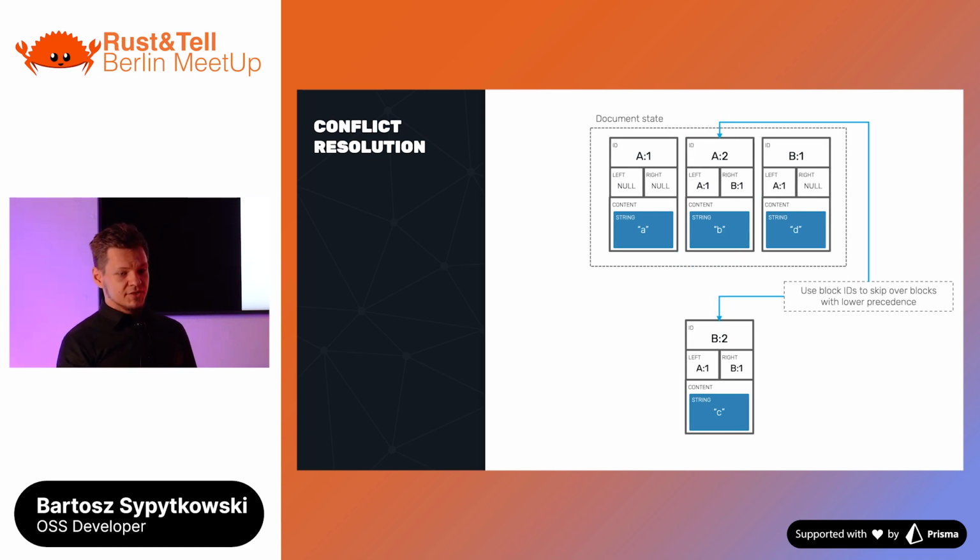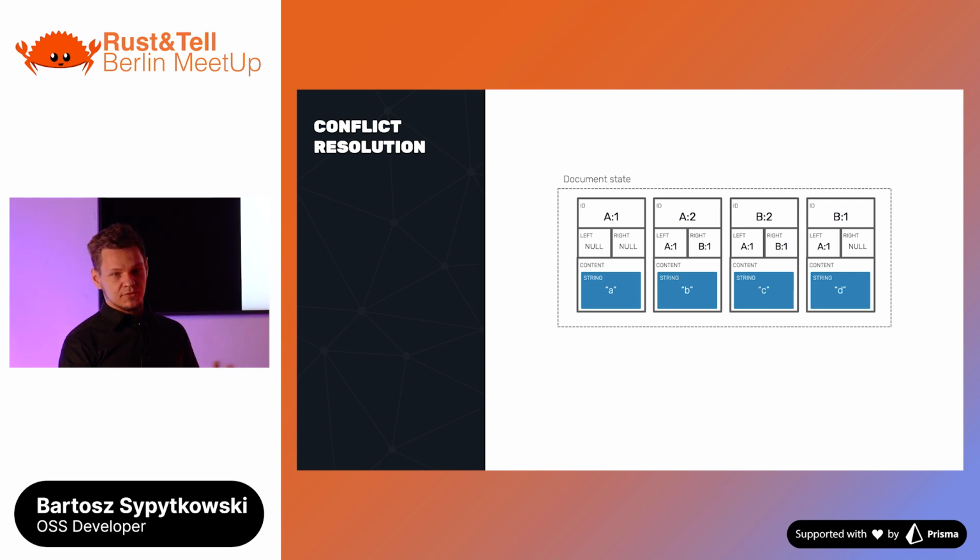The simplest way is to apply some kind of ordering of those identifiers that we created. Here we can assume that A is lesser than B, so we will always insert A2 before B2. So we just insert B2 after A2.